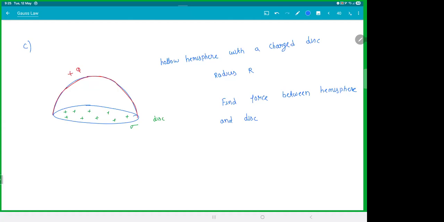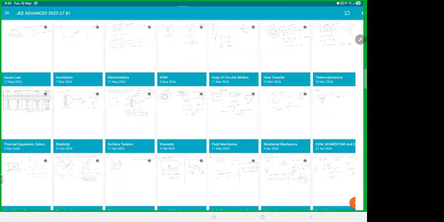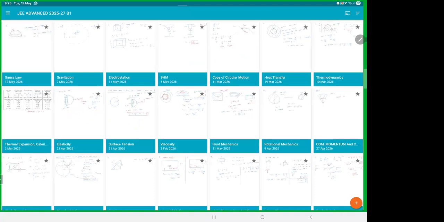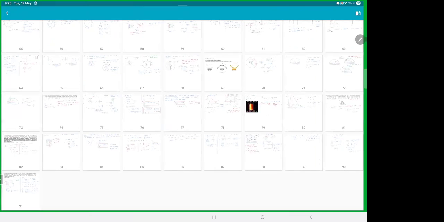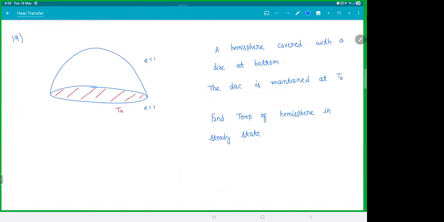Anyone got it? You guys forgot. Like I said, the idea for this is in heat transfer. Do you remember this question? A hemisphere is covered with a disk at the bottom. The disk is maintained at T naught. Find the temperature of the hemisphere.